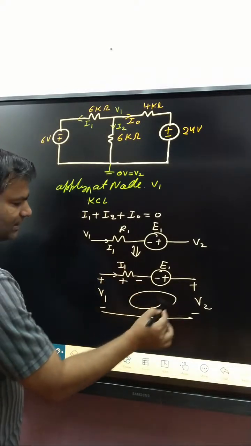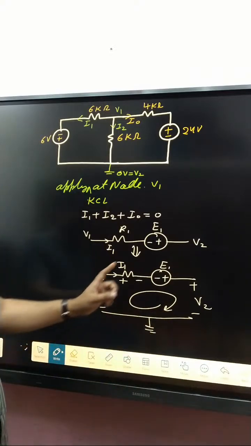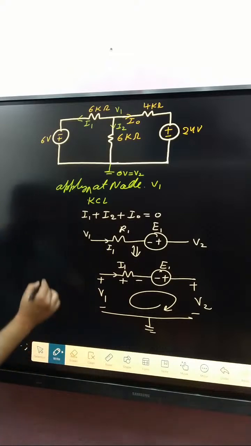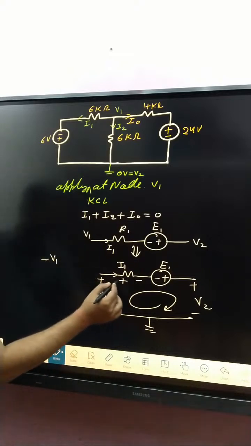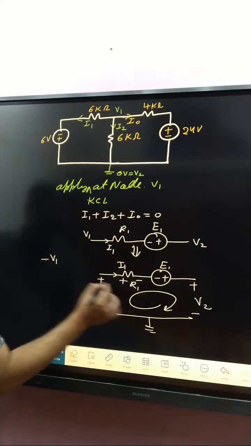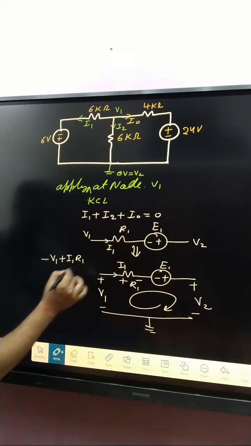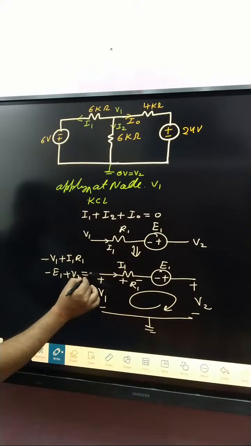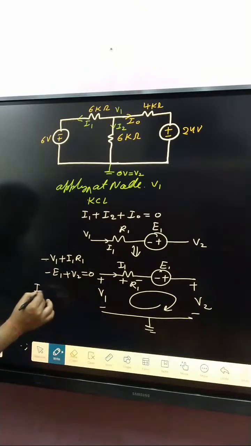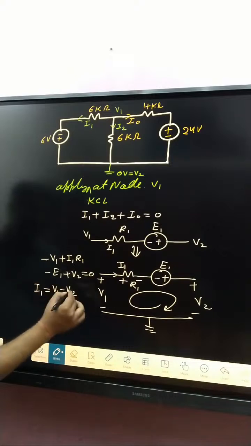Now apply KVL in this loop: minus V1 plus I1 into R1 minus E1 plus V2 is equal to 0. So I1 is V1 minus V2 plus E1 divided by R1.